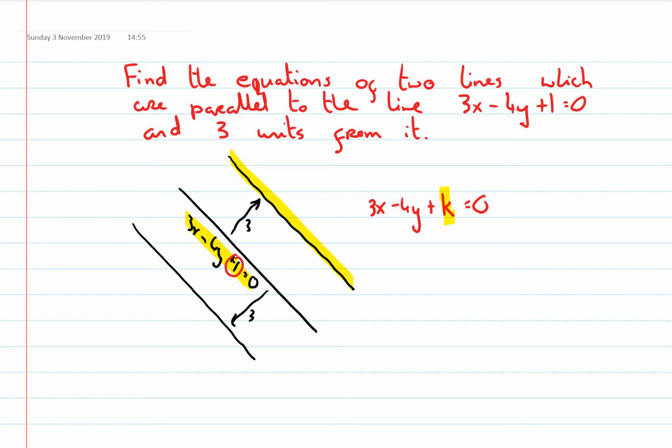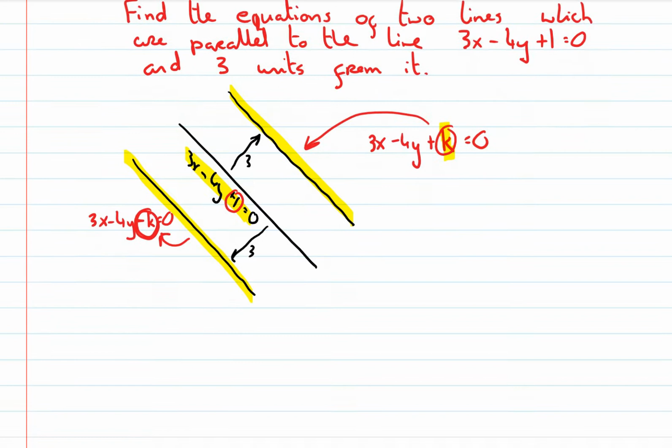Likewise for this line here, that's also going to be in the form 3x minus 4y plus k equals 0. So it'll be another number. It'll actually be minus k equals 0. So whatever number this is, for this line, it'll just be minus that number for this line.